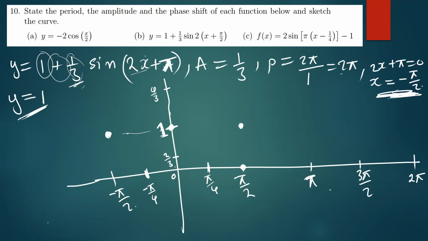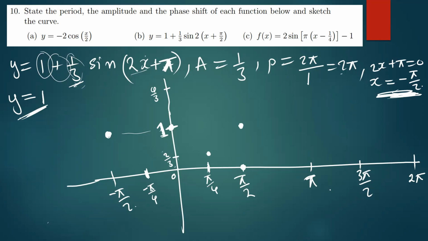So sine 270 will give us negative 1. So you have 1 minus 1 over 3. So 1 minus 1 over 3 will get our point to be somewhere there. Remember, we said 1 minus 1 over 3 is 2 over 3. So this is the point that we're going to have.